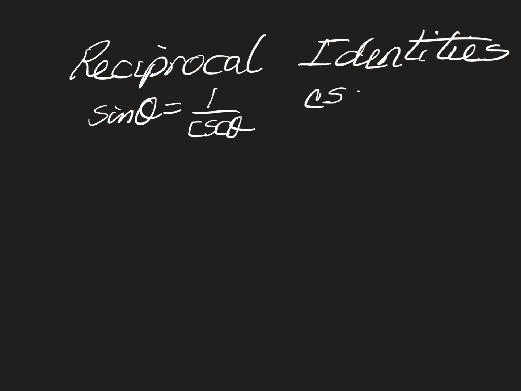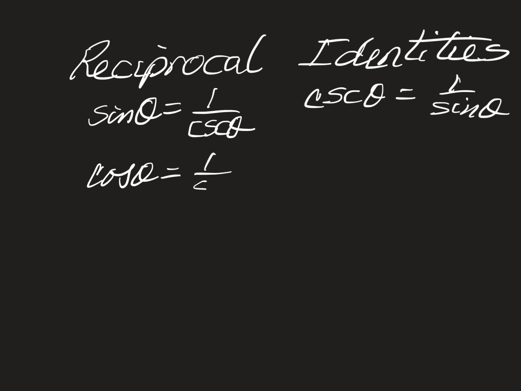Cosecant theta equals 1 over sine theta. Notice, for every reciprocal identity, there's a dual, a counterpart. Cosine theta equals 1 over secant theta. Secant theta equals 1 over cosine theta.